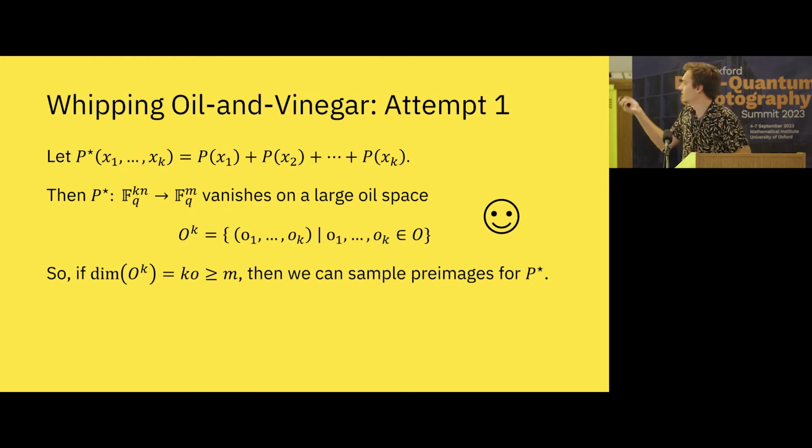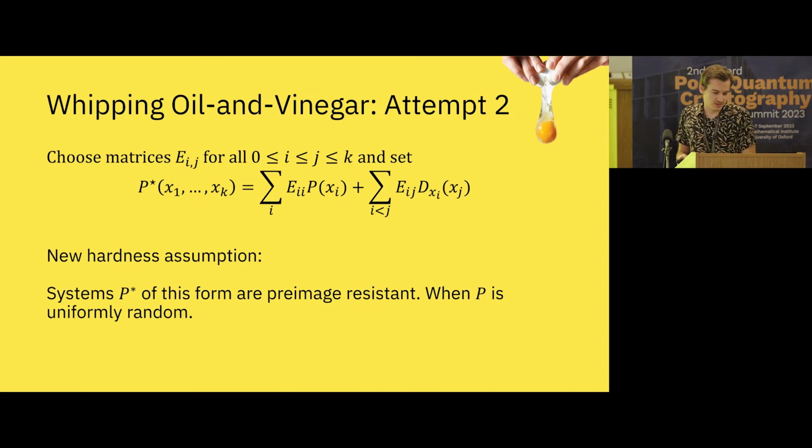If you plug this in, each of the summands becomes 0, and then clearly P star vanishes on this space. And this space now has dimension k times O, because you go up by a factor k. So you could use this P star as your public key and make signatures. But unfortunately, it turns out that this is not secure. It's too simple. We have to fix things a little bit.